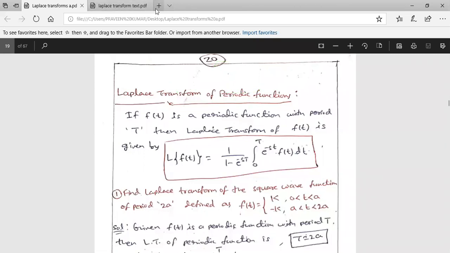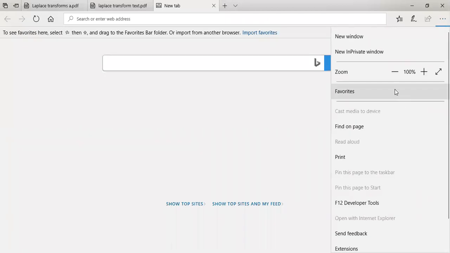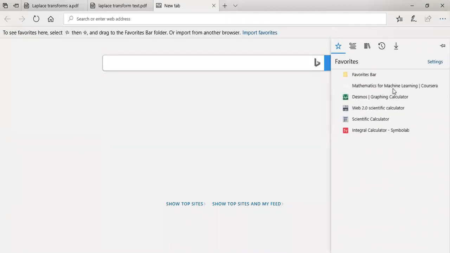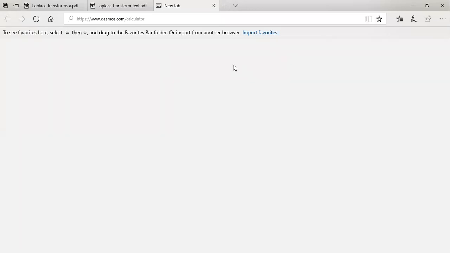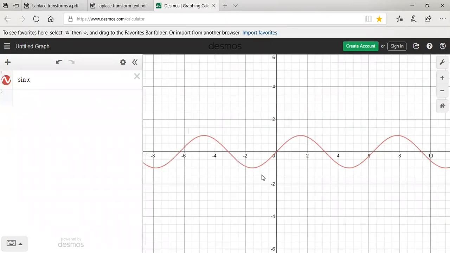If you observe a periodic function, just take any one example of a periodic function. I will show you graphically. We have seen in the Fourier series that sine and cos are periodic functions. So here I have taken the cos x graph, or you can take sin x. Observe this graph carefully.